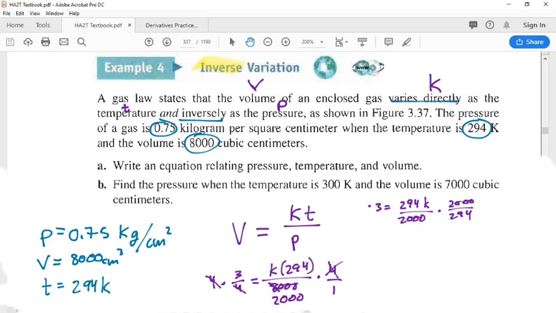What do we do to one side, we do to the other. So we have 2,000 over 294 here, and I'm just going to multiply the 3 by 2,000. 6,000 over 294. Since they're both even, I can try to simplify that. If you can think of a bigger number that divides both of them, you're amazingly awesome, you should do it. I'm just going to divide by 2.